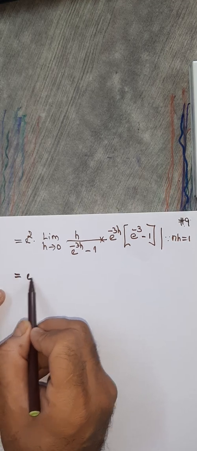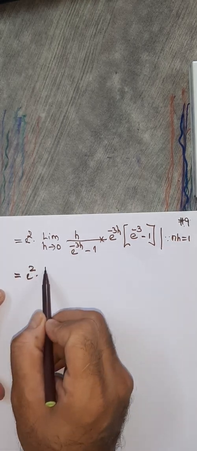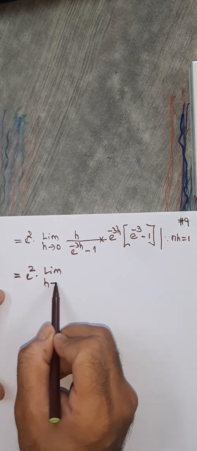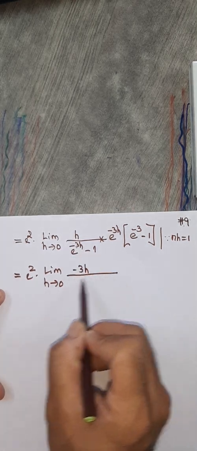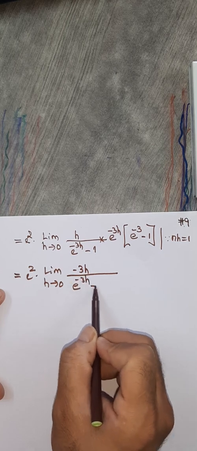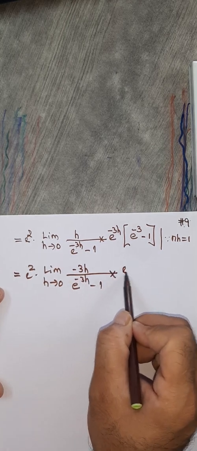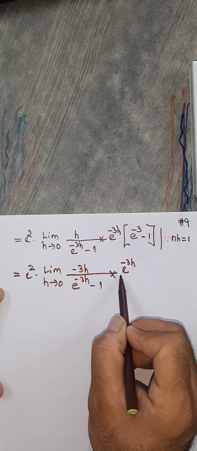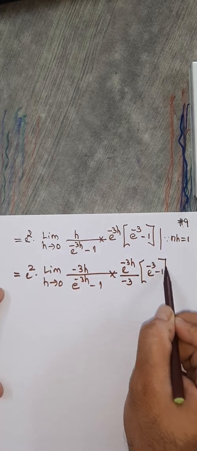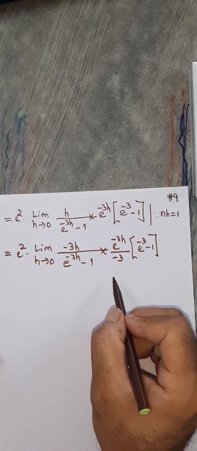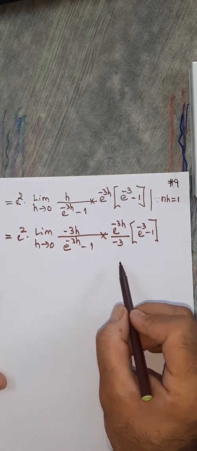Now here, if you recall that exercise, if you have minus 3, here also minus 3 is required. So multiplying with minus 3, your e raised to minus 3h as it is, by minus 3. Right, now this e raised to minus 3 minus 1 as it is. Which formula am I trying to use?